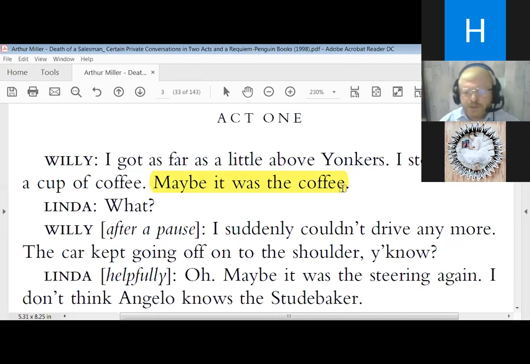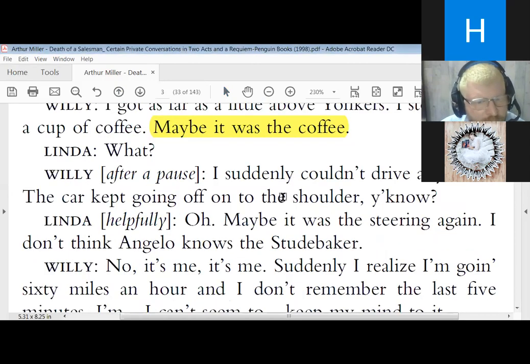Then it seems that something has happened, and he is trying to identify the reason behind that. And one reason he could think of is the coffee. "What, I suddenly couldn't drive anymore.